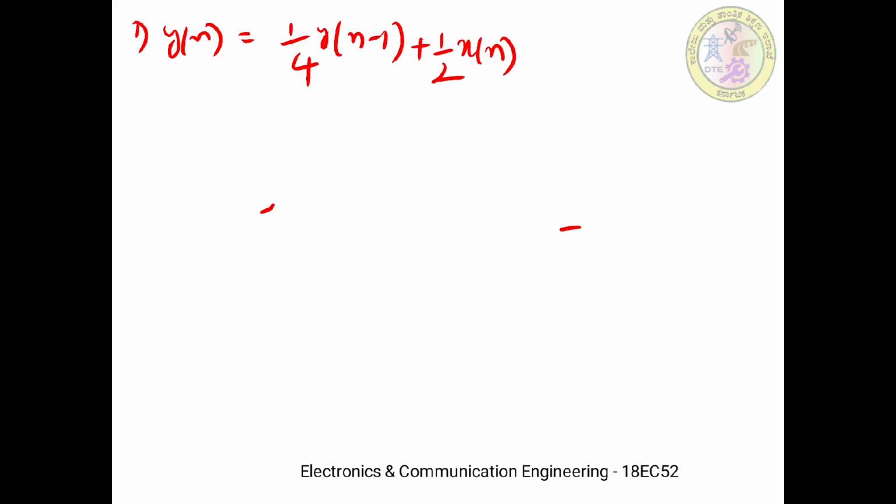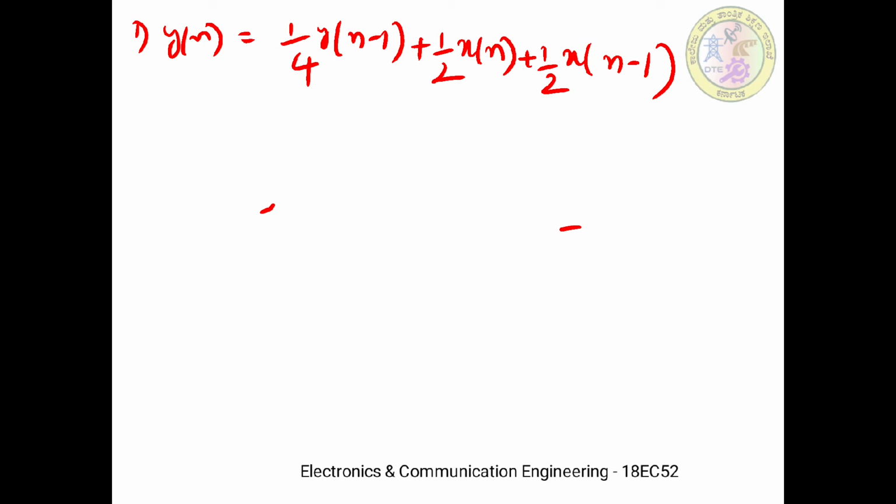Say for example, here I have a relation y of n is equal to 1 by 4 into y of n minus 1 plus 1 by 2 into x of n plus 1 by 2 into x of n minus 1. So this is one input output relation.